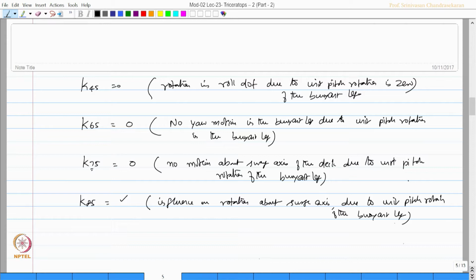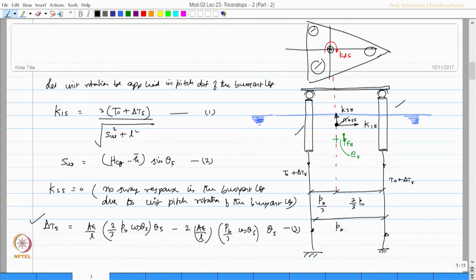One may ask a question: how is rotation from the buoyant leg transferred to the deck? It is not transferred actually. Look at this figure, when the deck is rotated, because of submergence happening between the legs, there is no transfer of this rotation from the leg to the deck, but the deck alone will have some influence of variable tension which will make the deck rotate.